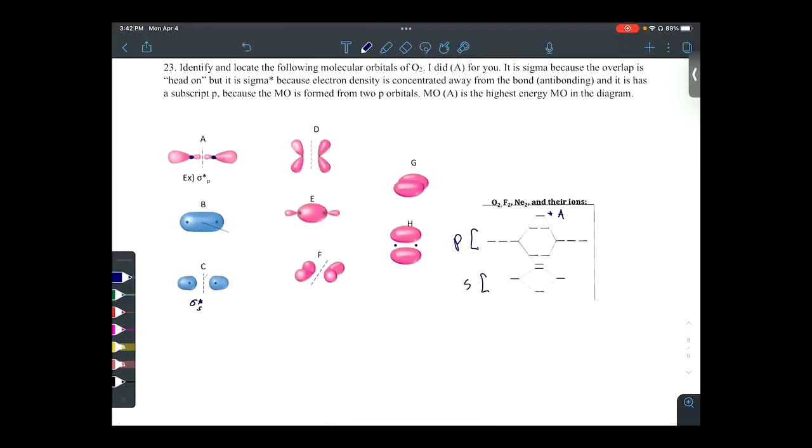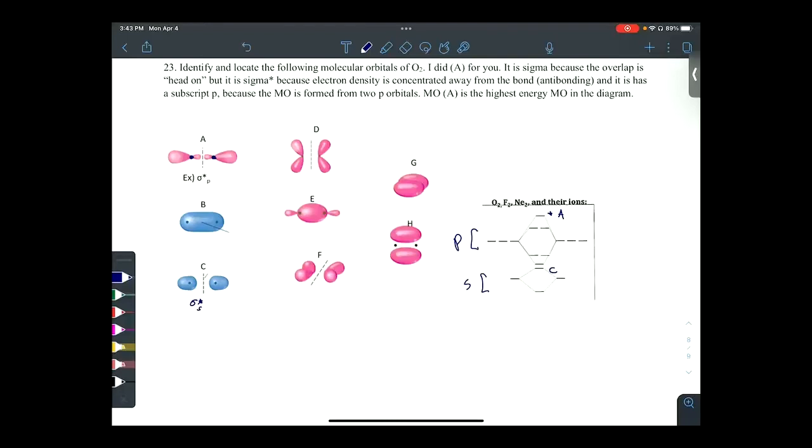So that top one's going to be A. Do you see how I place that? Because they're made from p orbitals. And then C is not the lowest one. It's going to be the higher of the two between the S interactions because it's a star, anti-bonding. Am I right? Yeah?